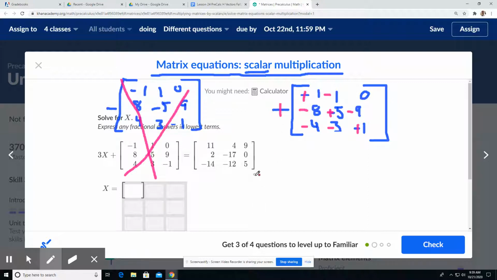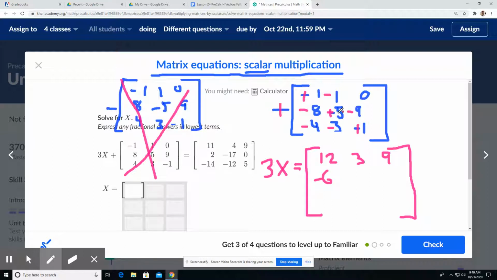So I'm combining these. So now I have 3x on the left equals these combination of matrices combined to be: 11 plus 1 is 12. 4 minus 1 is 3. 9 plus 0 is 9. 2 minus 8 is negative 6.